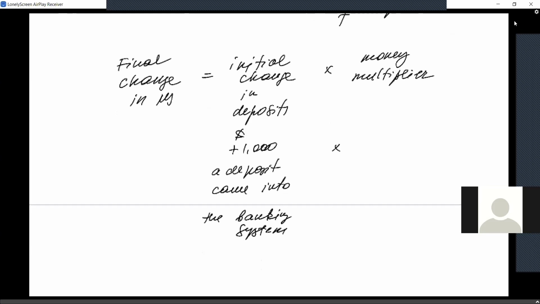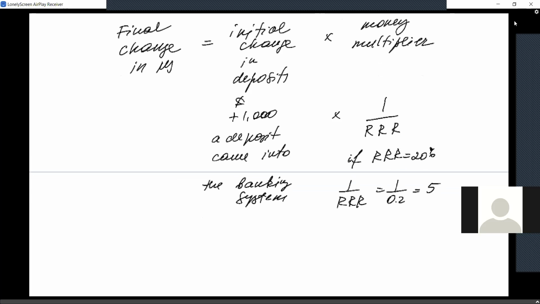Okay. Now, the money multiplier is 1 over the required reserve ratio. If our ratio is 20%, then the money multiplier would be 1 over 0.2, right? Let's make sure I give you the right numbers. That's right. Okay. So the final change would be times 5.